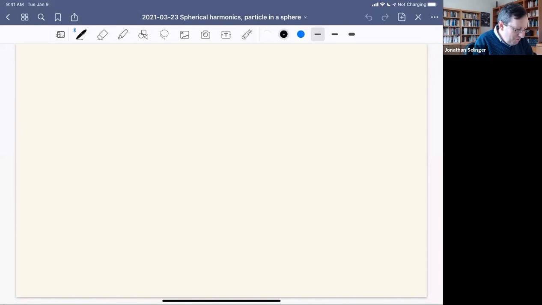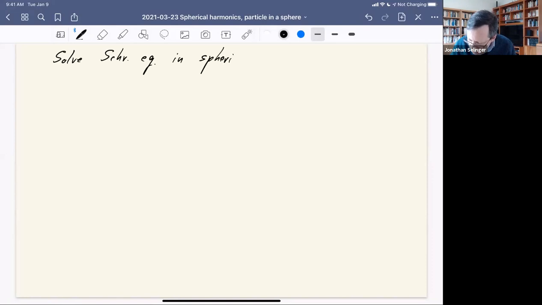So let me remind you what we're doing. Let me kind of remind myself what we're doing because I lost track. I was so excited with the beautiful graphics. Okay, what we are doing is solving Schrodinger's equation in spherical coordinates, which are r, theta, and phi.